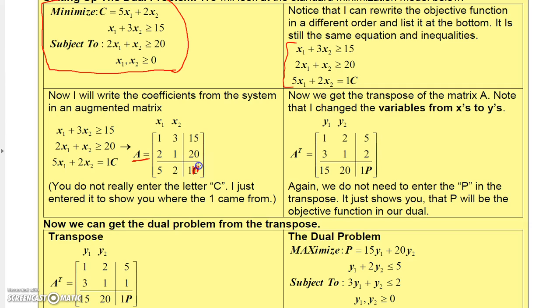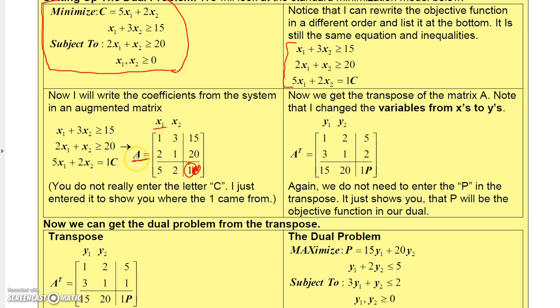Your book might write 1, and some books might even put 0 there. This is really just a placeholder for when we get the transpose. Notice I listed at the top of each column which variable these coefficients represent: these are the coefficients of x1 and these are the coefficients of x2.